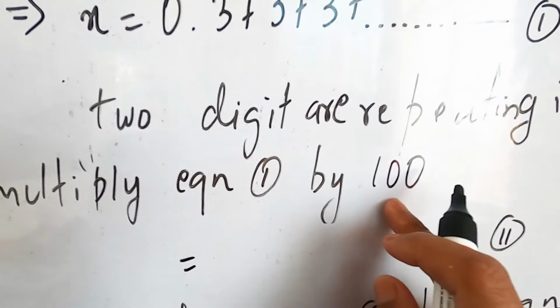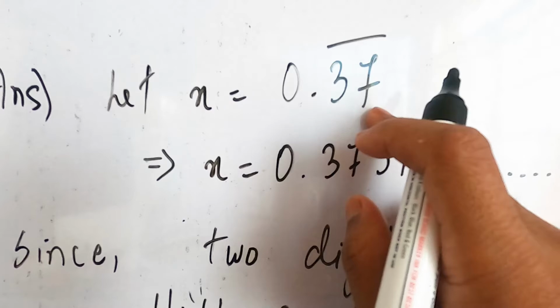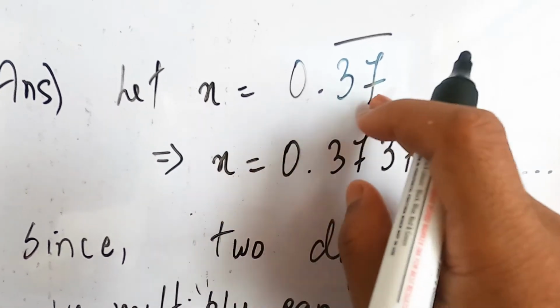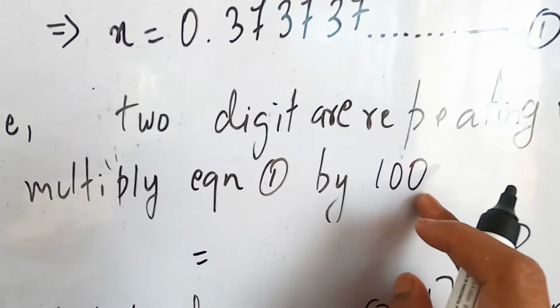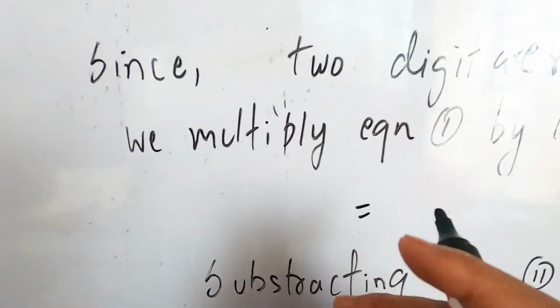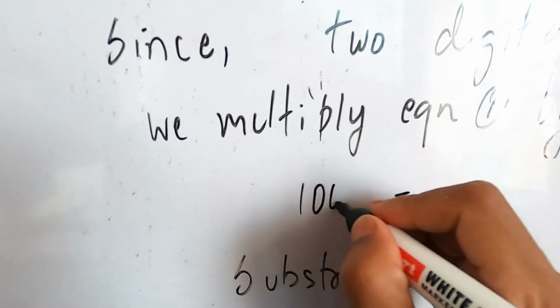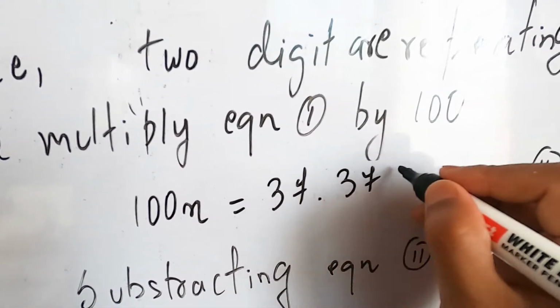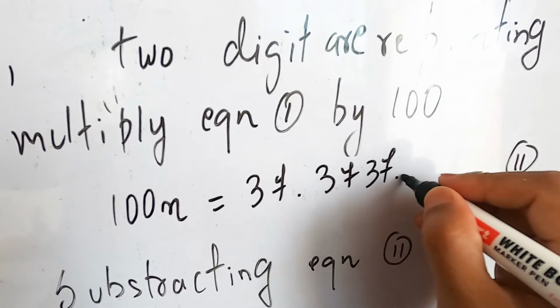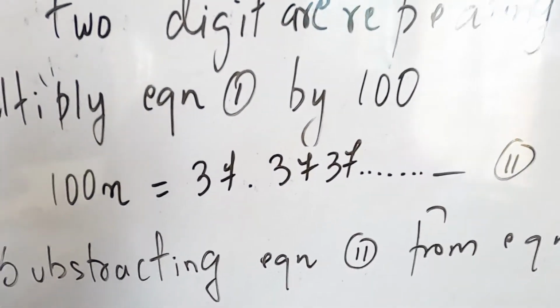Why 100? Because two decimals are repeating, so two zeros. So here also there are two zeros, unlike in question number 3. Therefore it will be 100x equals 37.37 and so on and so forth.